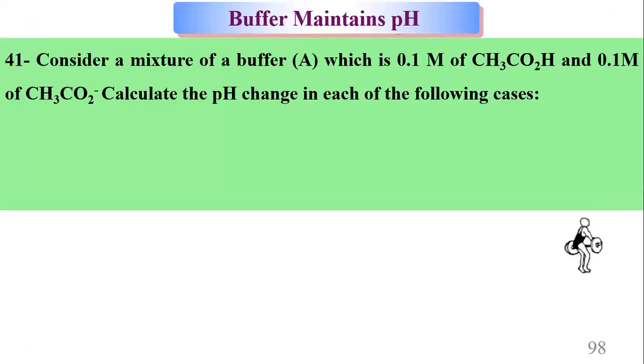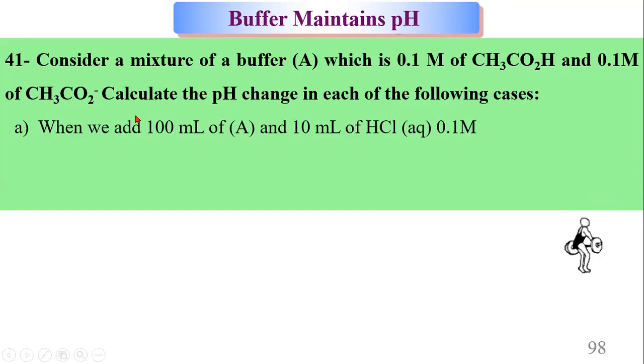Question number 41. Consider a solution of a buffer A, which is 0.1 molar acetic acid and 0.1 molar acetate ion. Calculate the pH in each of the following cases. So now we already have a buffer, and it's 0.1 and 0.1 for the acid and its conjugate.